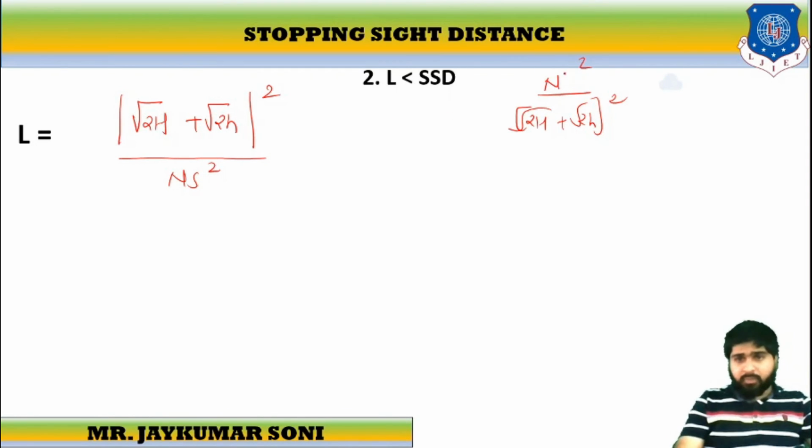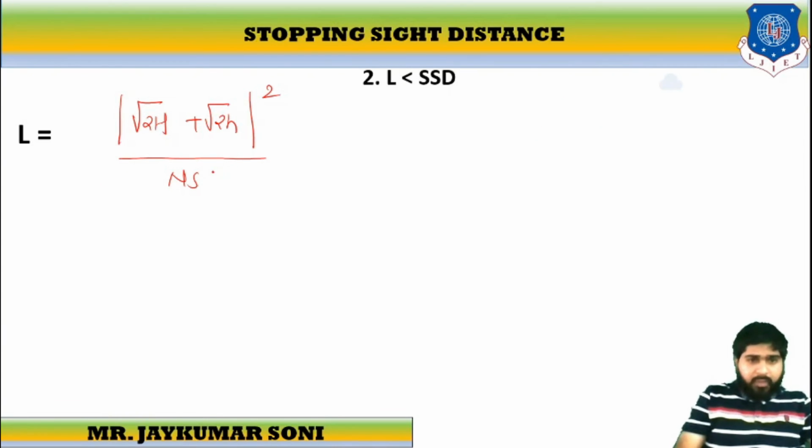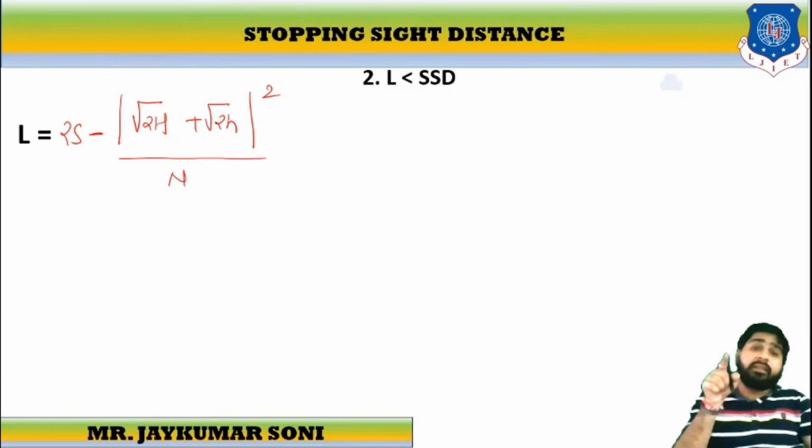Now I will make a small change in the equation after flipping. This S square will be converted into 2S, and this will be minus. This is how the initial equation where L is less than SSD looks.